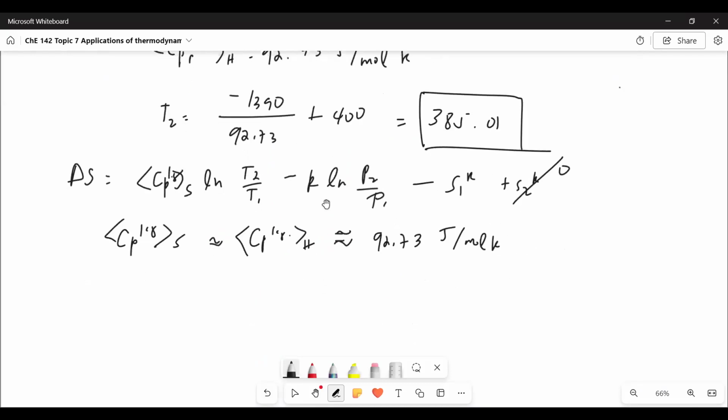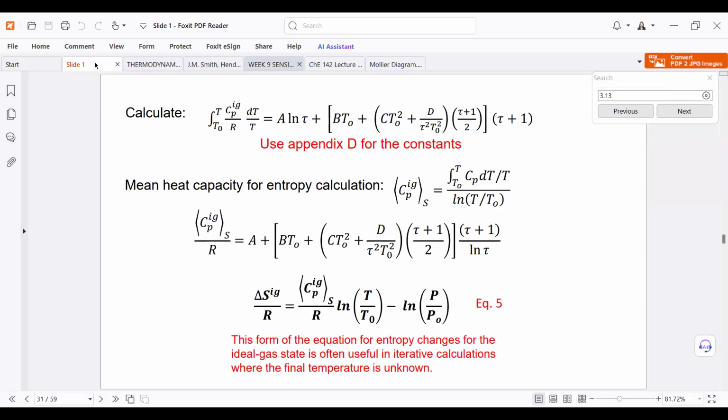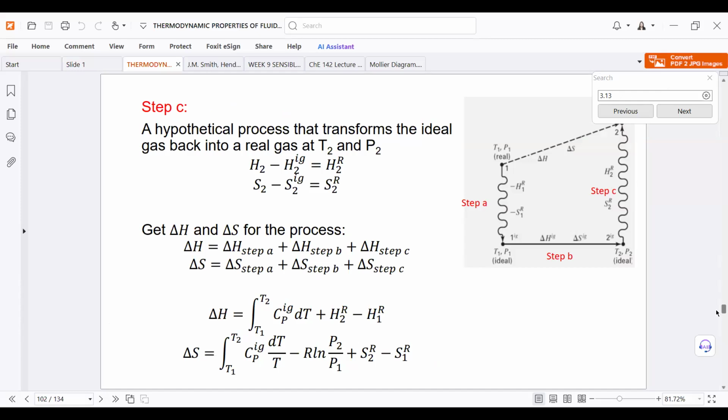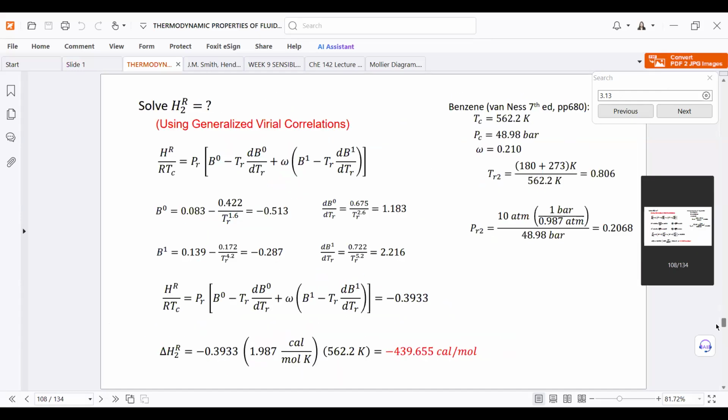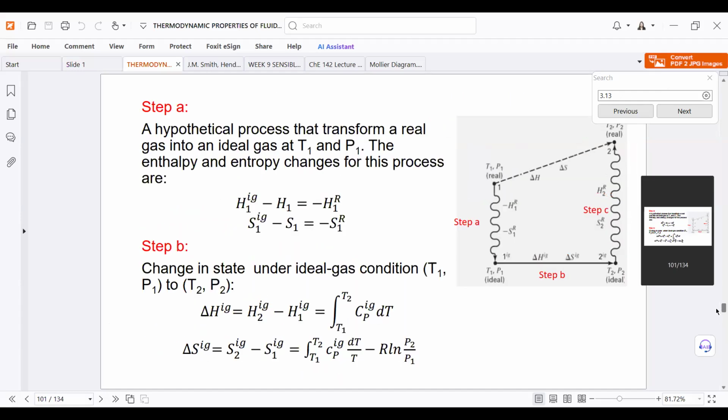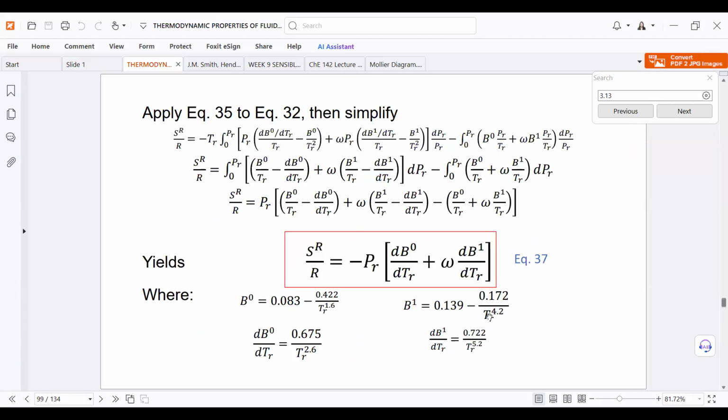So before we can solve for delta S, we need to know S1R. You can use the second virial coefficient to estimate that. So what equation will you be using? Hold on. This second virial coefficient is this one.